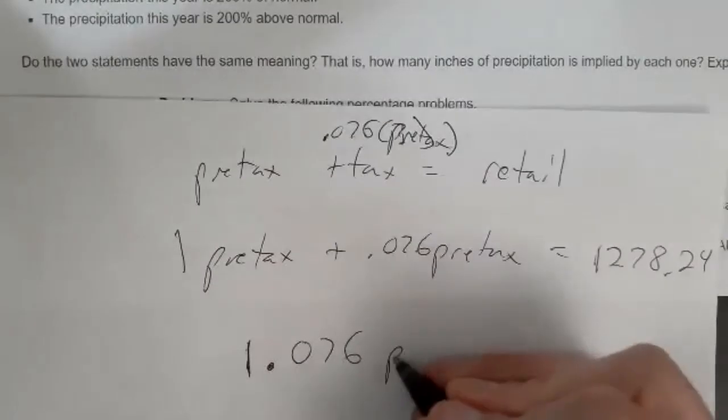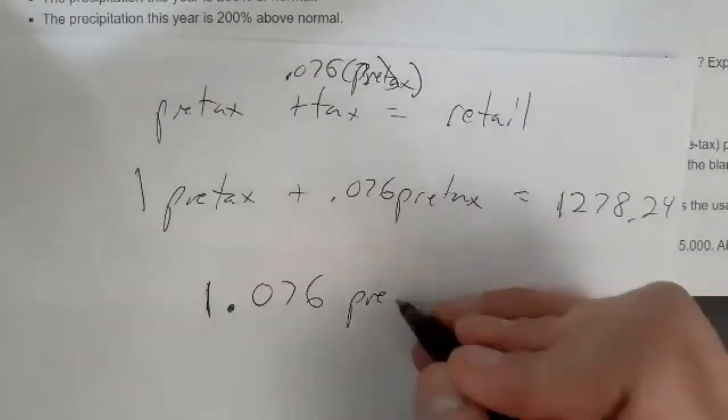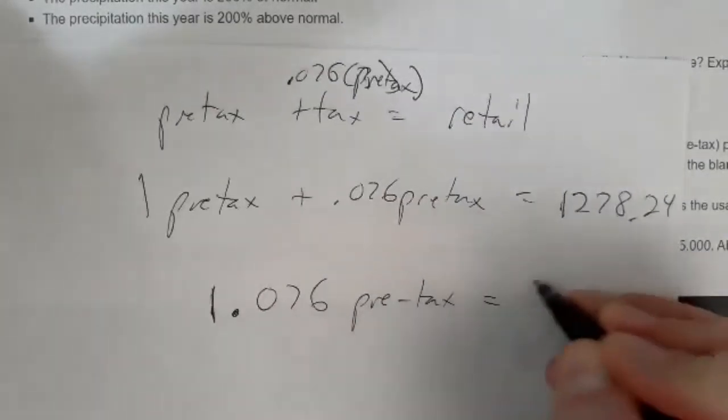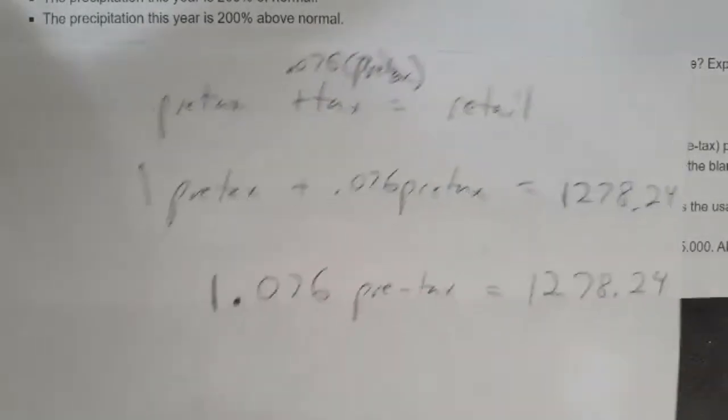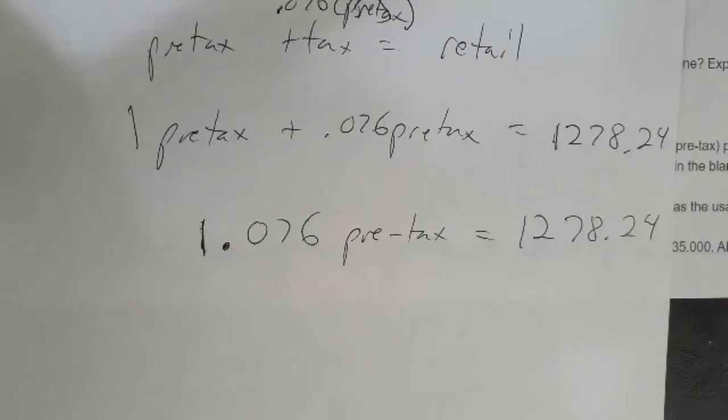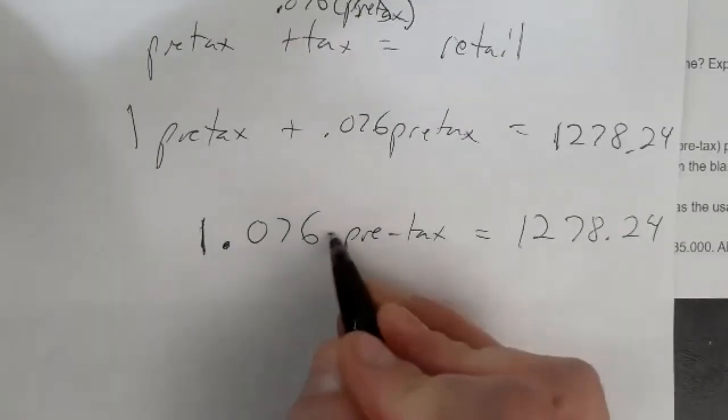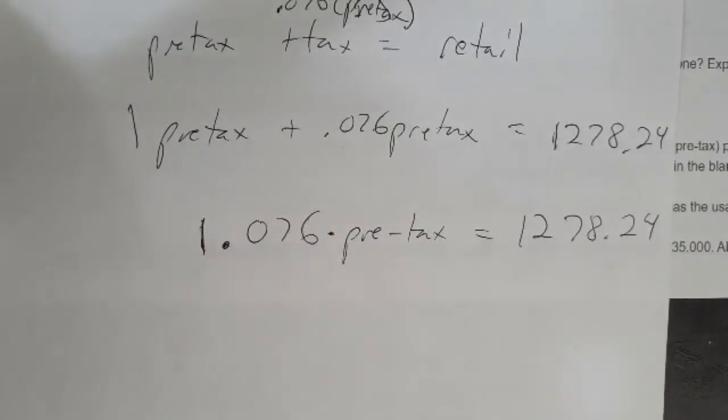Right. 107.6% of this pre-tax price is going to be the final price, the retail price. So someone was saying already, but this is 107.6%.